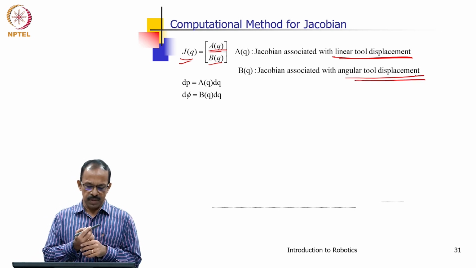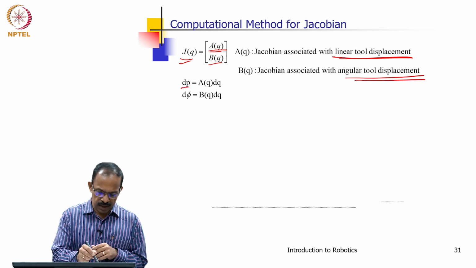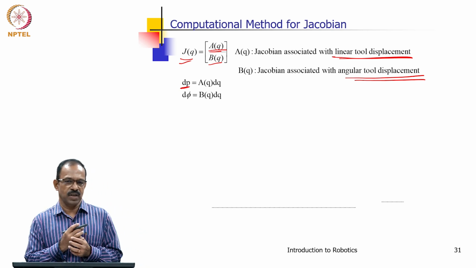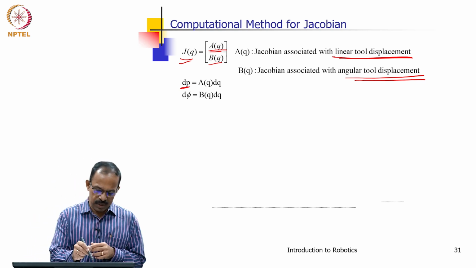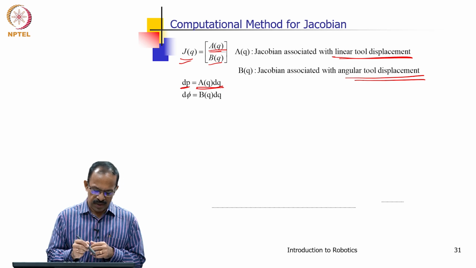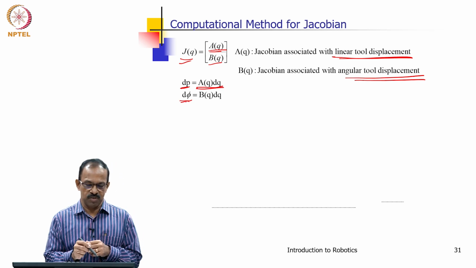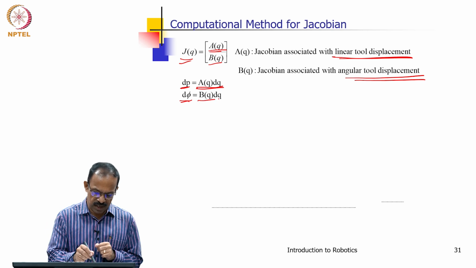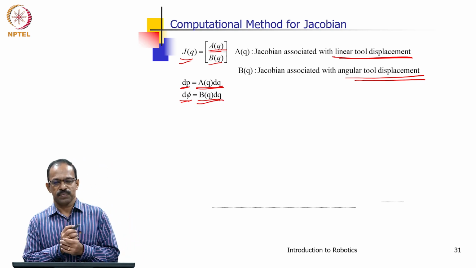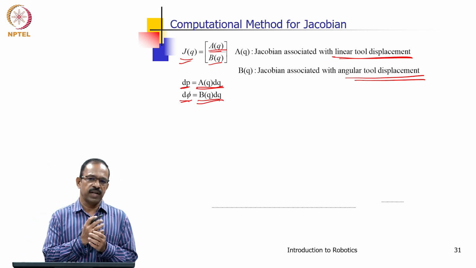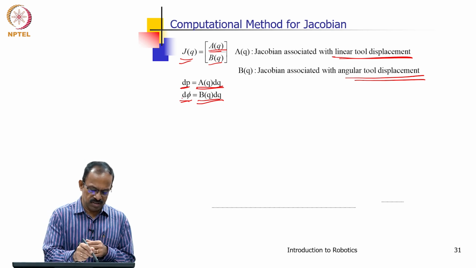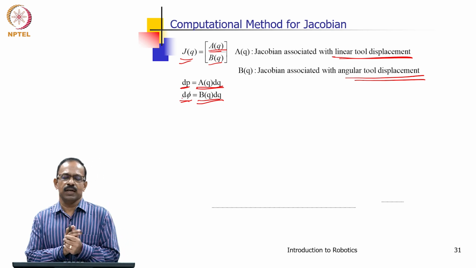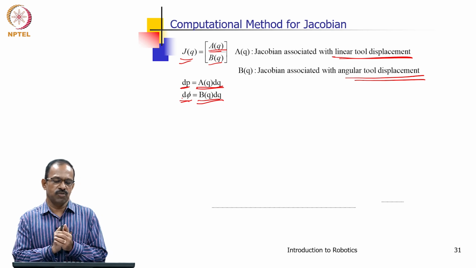So, in a way we can say dp, which is the positional displacement at the tool tip, can be defined as A(q) dq, and d phi, the minute angular displacement, is given as B(q) dq, where dq is the joint displacement and dp and d phi are the tool displacement.